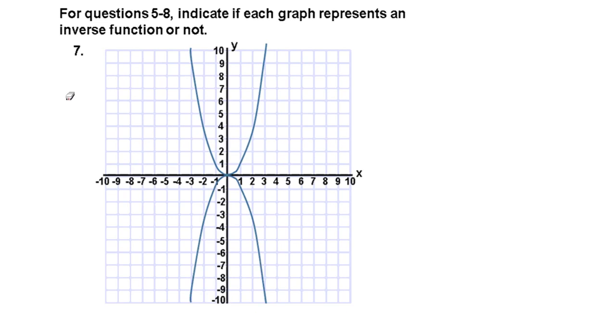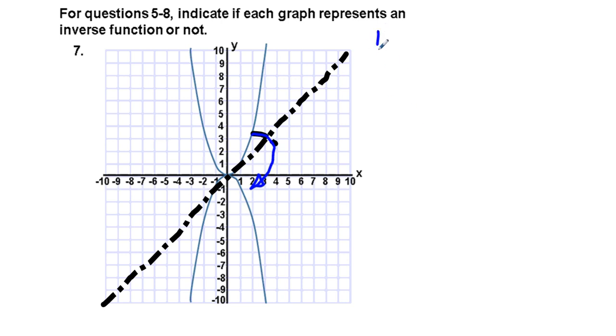Okay, now here in 7, you would reflect about the line y equals x to be an inverse function. So here's the line y equals x, just as I drew in problem 5. Do these reflect about the line y equals x? No, they don't. These, I won't say functions, but they're not even functions, at least one of them.